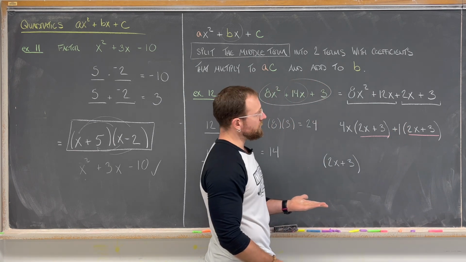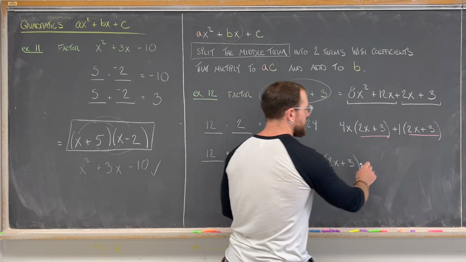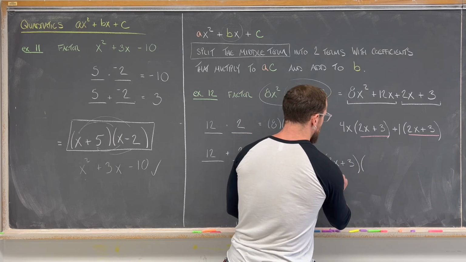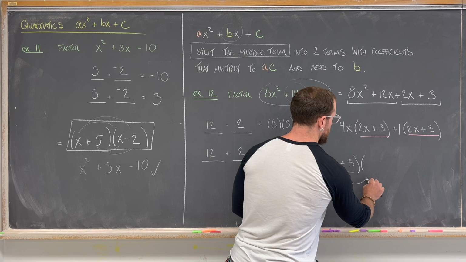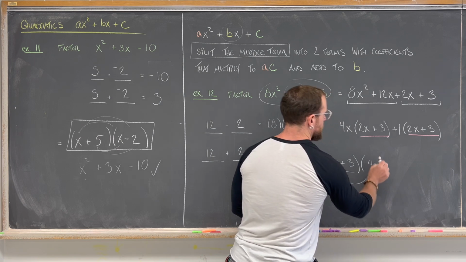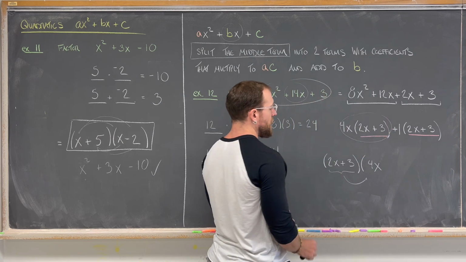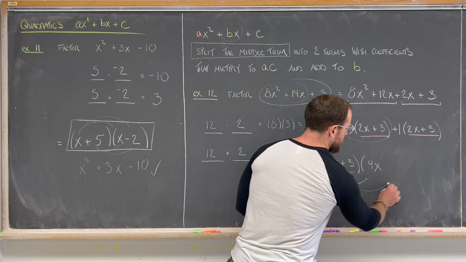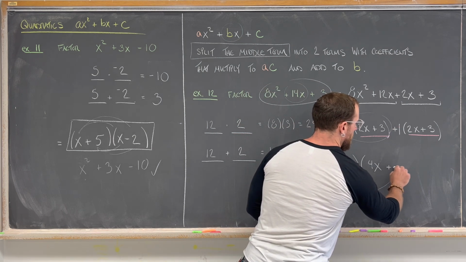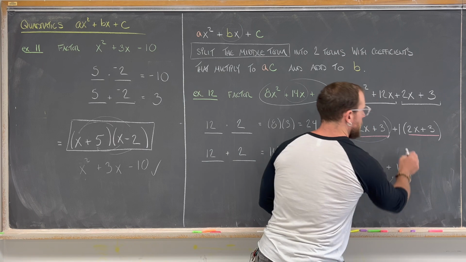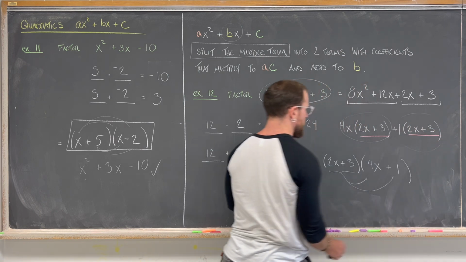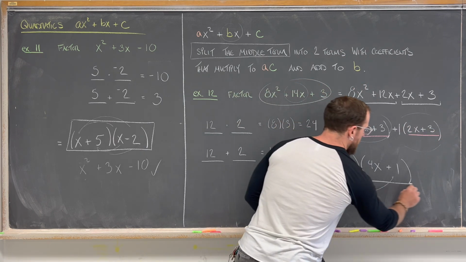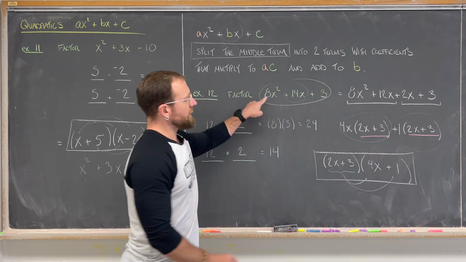That might be helpful to make note of. When I pull out the 2x plus 3, what it leaves behind, you would need to multiply 2x plus 3 times 4x to get this expression. And you would need to multiply 2x plus 3 times 1, positive 1, to recover this last expression. Okay? And this is now that same quadratic, but in its factored form.